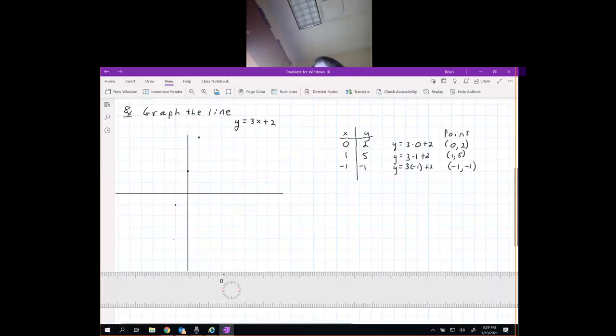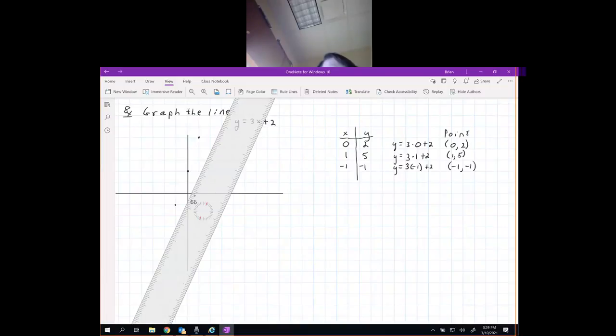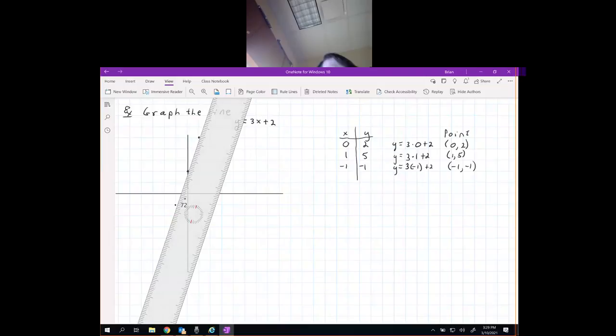Now, I can tell if I've done it correctly if my 3 dots line up. Would you say that the dots are lining up here? Yes. It's hard for me to hold it here.